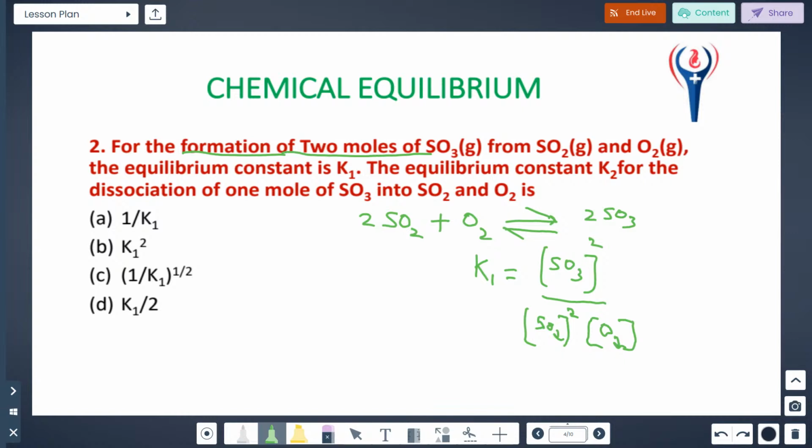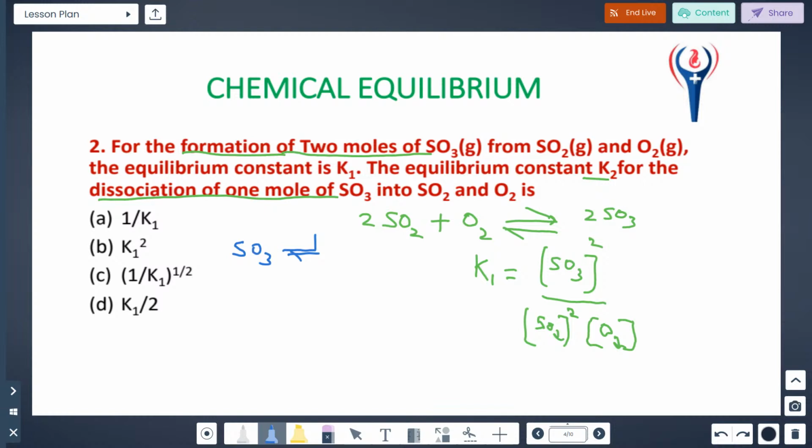Now come to the second part: dissociation of 1 mole of SO3. Dissociation means SO3 is dissociated. One mole of SO3 is dissociated into what?